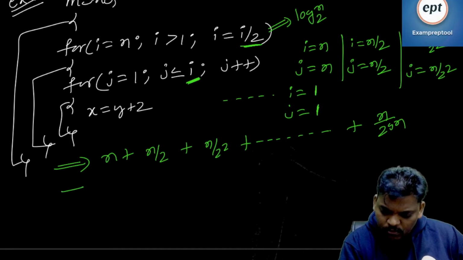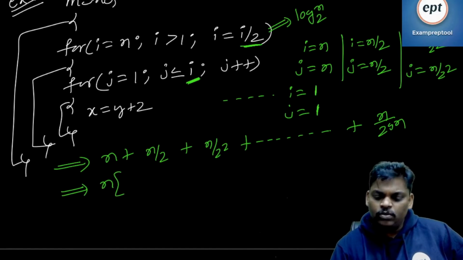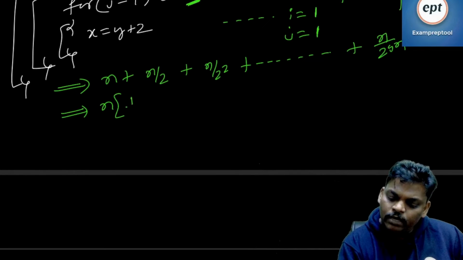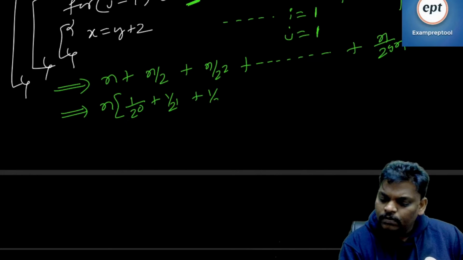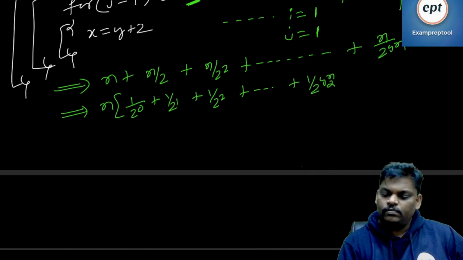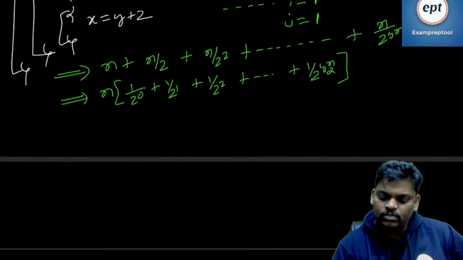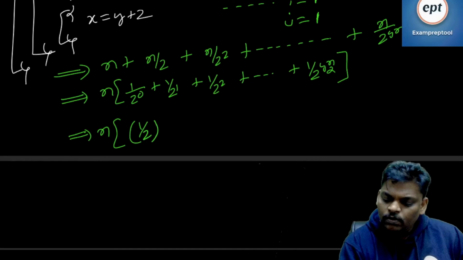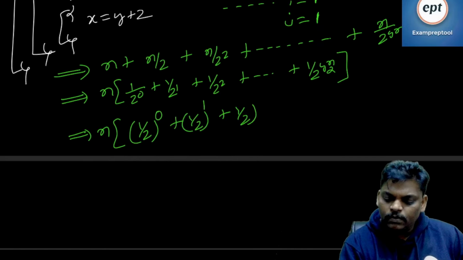Now if you observe clearly, n common. Let me take n common. Right? It's going to be 1 by 2 power 0, 1 by 2 power 1, 1 by 2 square, and so on. Lastly, 1 by 2 power log n base 2. n common, so that is next one. n into, if you observe clearly, it is a GP series: 1 by 2 whole power 0, 1 by 2 whole power 1, 1 by 2 whole square, and so on.